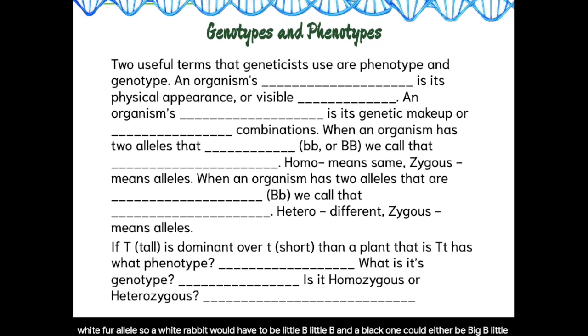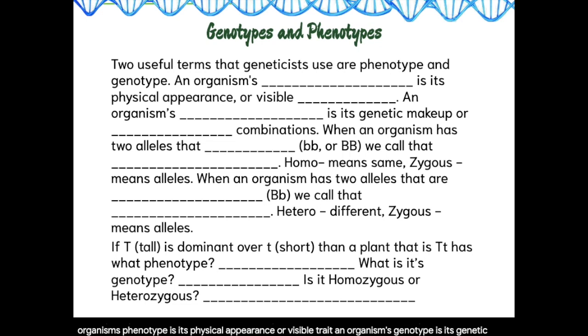Two useful terms that geneticists use are phenotype and genotype. An organism's phenotype is its physical appearance or visible trait. An organism's genotype is its genetic makeup or allele combinations.